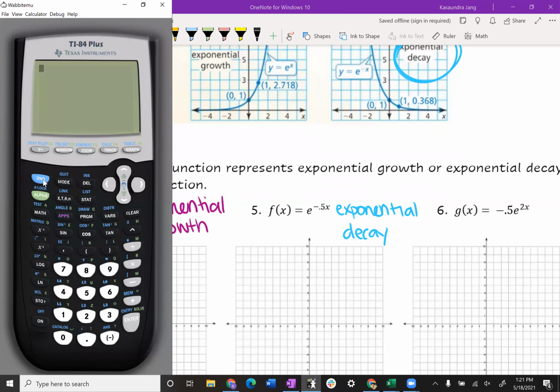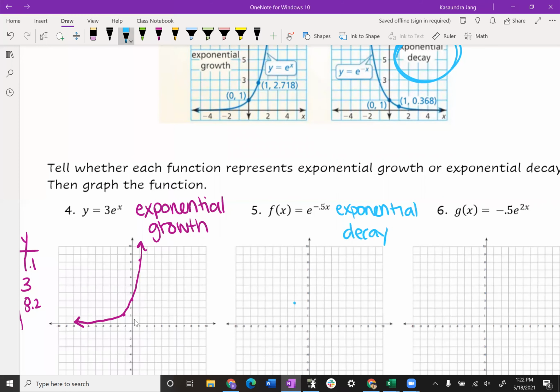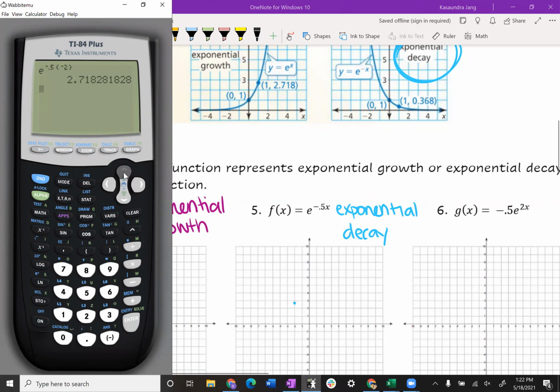So this one was e to the negative 0.5x, and I'm going to sub in, like I said, maybe negative 2 for my x. All right, 2.7, yada, yada. I'll round this to 2.7. My x was negative 2, my y is positive 2.7, almost a 3. Okay, so there's that first point. Let's try again here.